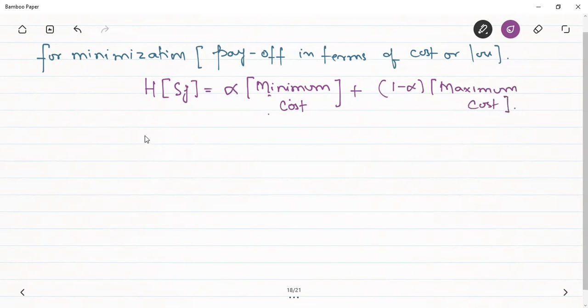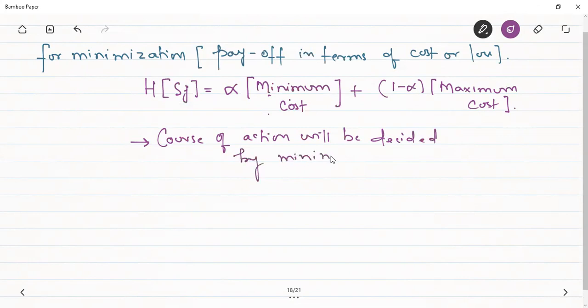Suppose, and after that, what we have to do, the course of action will be decided by the minimum value of H(Sj).